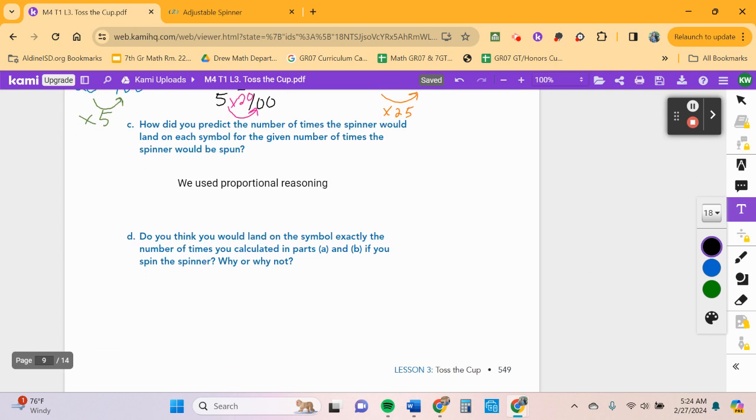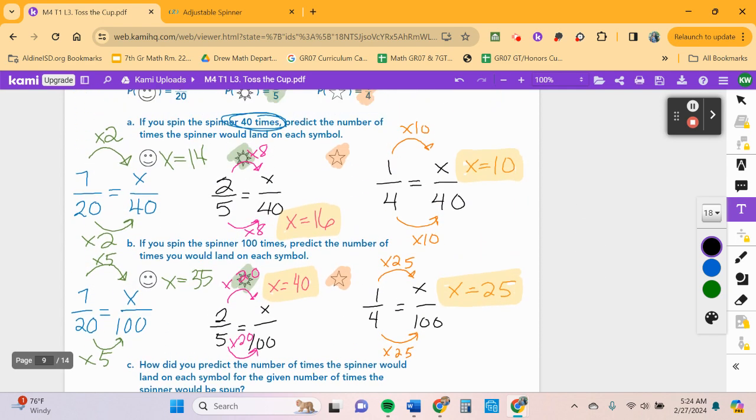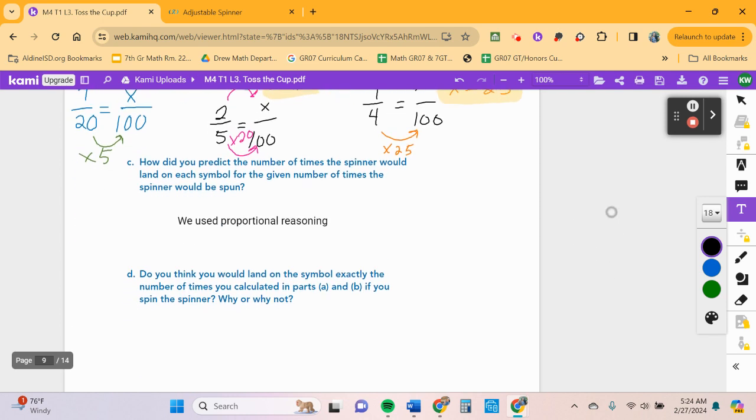Part D says, do you think you would land on the symbol exactly the number of times you calculated in parts A and B if you spin the spinner? Why or why not? Well, let's be real. Take the smiley, for example. If we spun it 40 times, do we actually think it'll land on the smiley exactly 14 times?